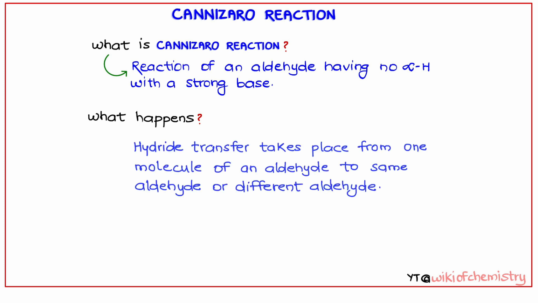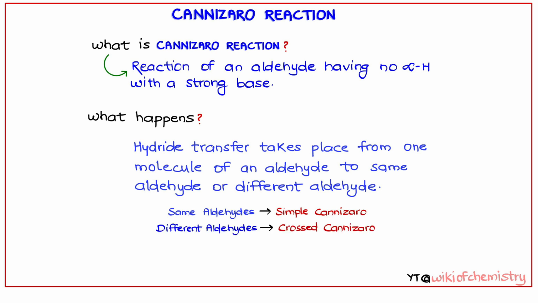In this reaction, hydride transfer takes place from one molecule of aldehyde to another molecule, either of same aldehyde or different aldehyde. If it takes place between same aldehyde, we will call it simple Cannizzaro or self Cannizzaro reaction, and if the reaction takes place between different aldehyde, then we will call it as crossed Cannizzaro.